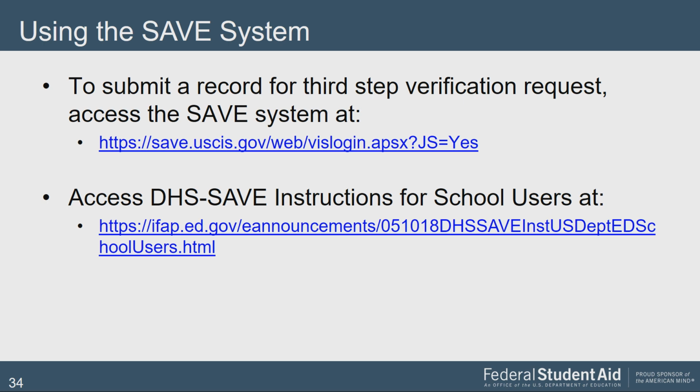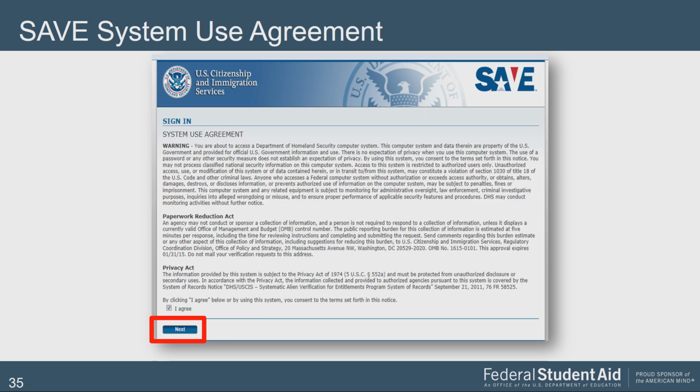But let me tell you, I was just able to update those instructions, and the new instructions that will be posted early next week will follow the flow of the presentation that I'm doing now, so I think it's easier to follow. But if you have a burning reason to do a SAVE request before you get the new instructions, use the old ones. They're good enough to get you started. So watch for the new electronic announcement early next week, as I said.